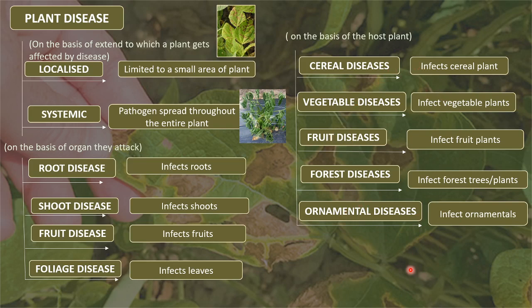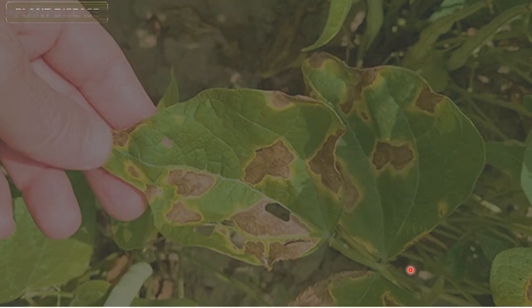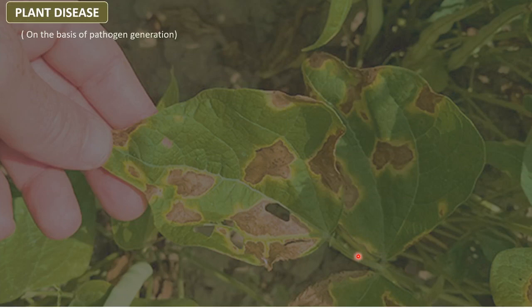You can understand even by having a look into it, right? So then, moving to our last part of plant diseases, this is on the basis of pathogen generation. This bifurcation is on the basis of pathogen generation, where pathogen generation here means life cycle.